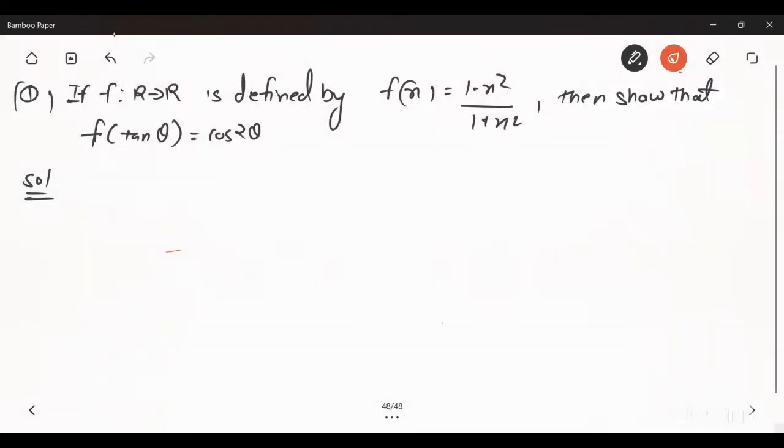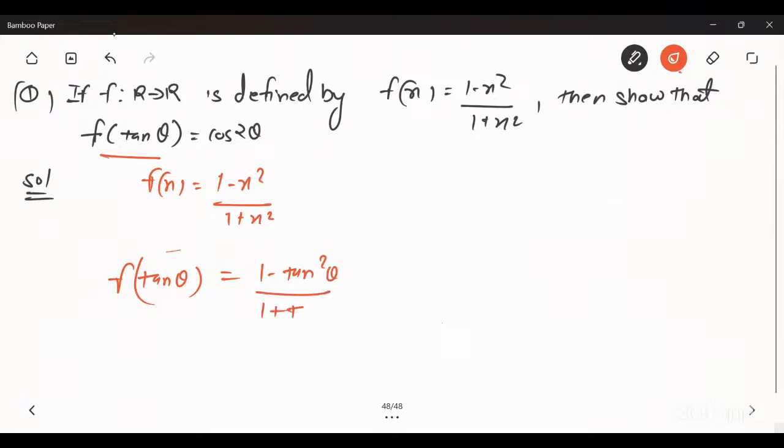So the function is given, f(x) is equal to (1 minus x square) upon (1 plus x square). What we have to find is f(tan theta). So in place of x, I am putting tan theta. So (1 minus tan square theta) upon (1 plus tan square theta). Now break tan theta into sin theta by cos theta.